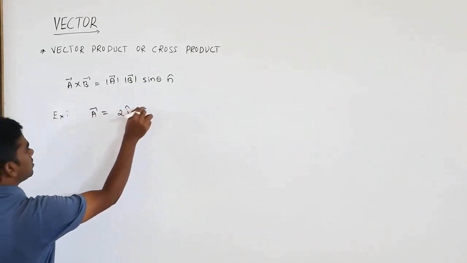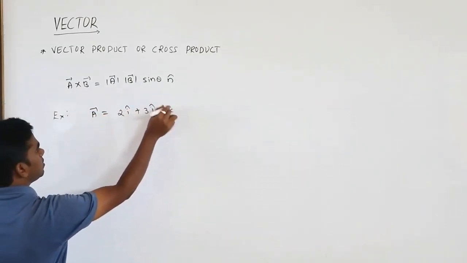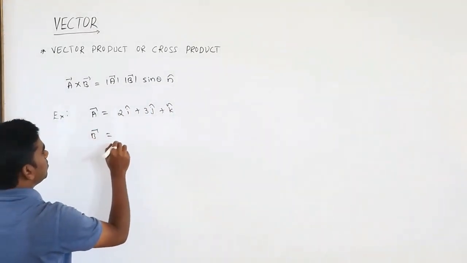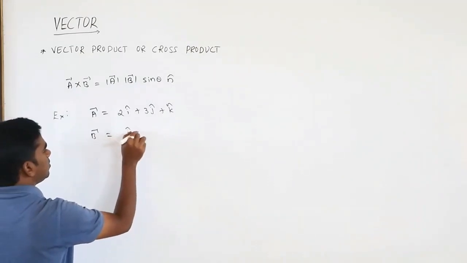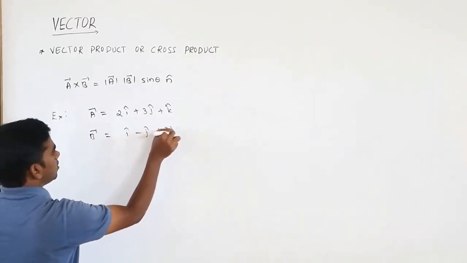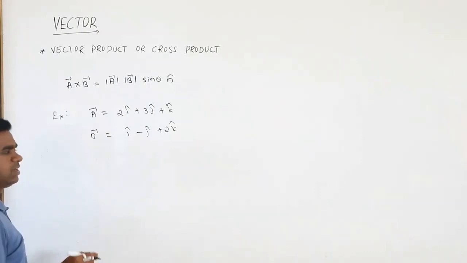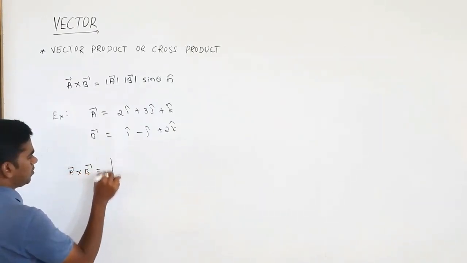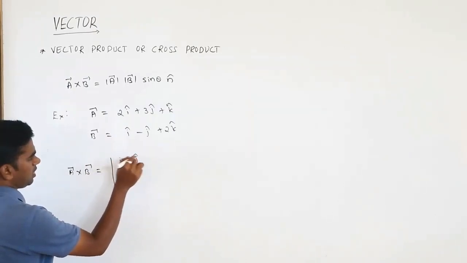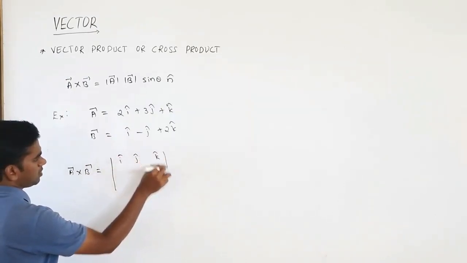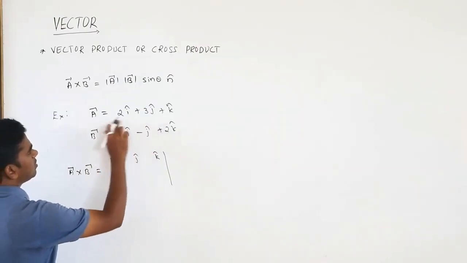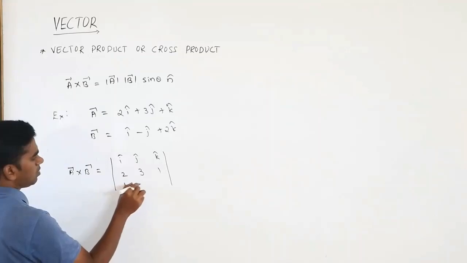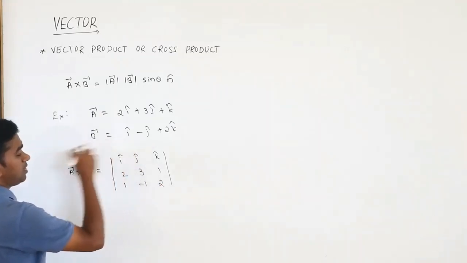A equals 2 I cap plus 3 j cap plus k cap. So B you can take I cap minus j cap plus 2 k cap. Okay, very simple. So A cross B equals, first write I cap, j cap, k cap, then write components of A, that is 2, 3, 1, components of B, 1, minus 1, 2. So I am taking one negative value over here.